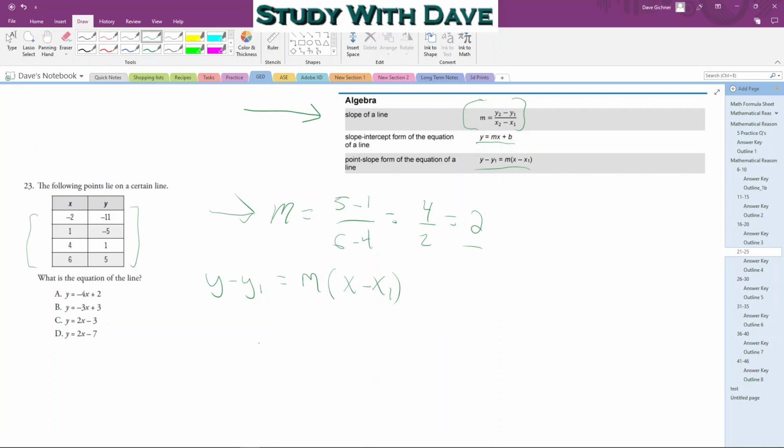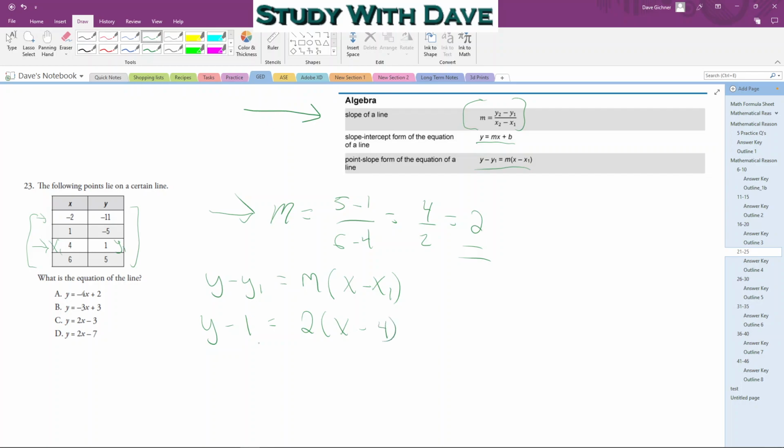Now when you do this, we want to make sure we pick an easy point. I wouldn't do -2 and -11, because why do that when you can plug in something easy like 4 and 1? So x1 would be 4, y1 would be 1. So y minus 1, and we'll say m is 2 since we figured that out, and x minus x1 is x minus 4.